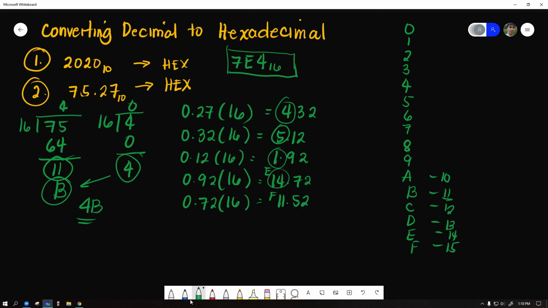Let's assume that we stop at 5 decimal places.